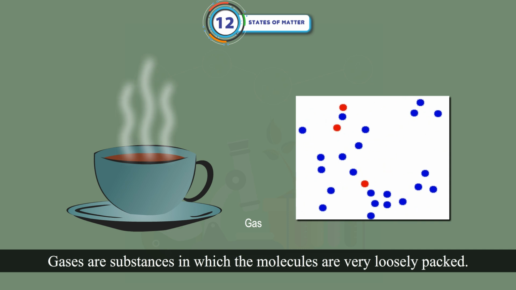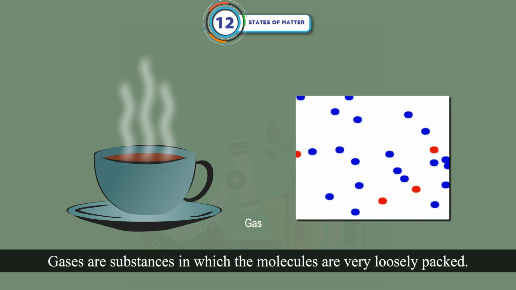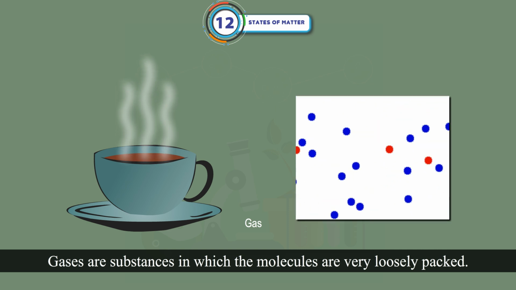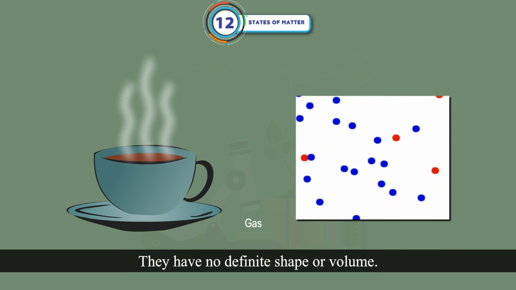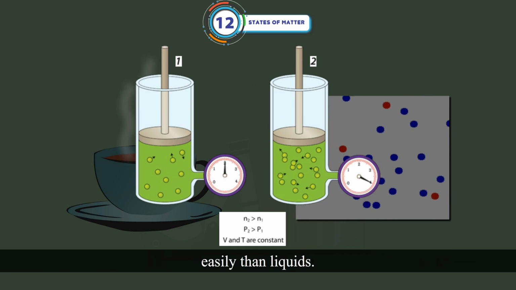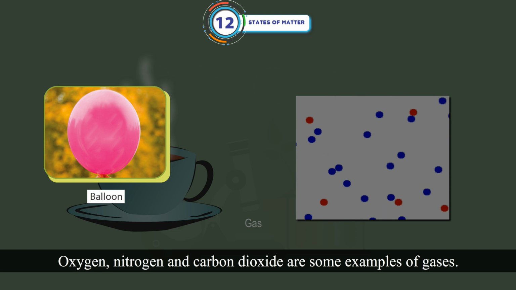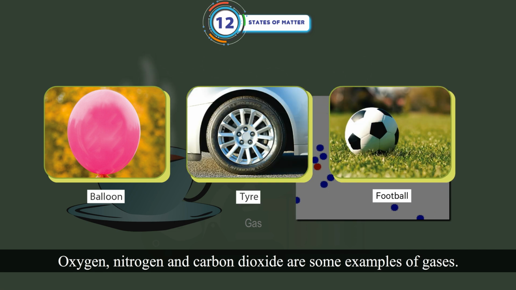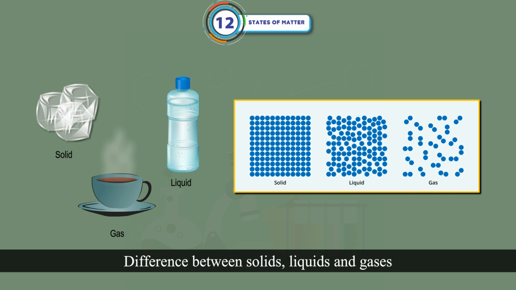Gases are substances in which the molecules are very loosely packed. They have no definite shape or volume. They occupy all the space available in the container and flow even more easily than liquids. Oxygen, nitrogen, and carbon dioxide are some examples of gases.